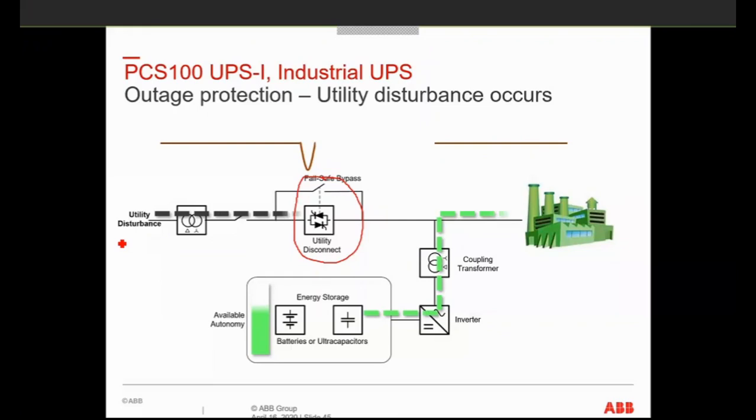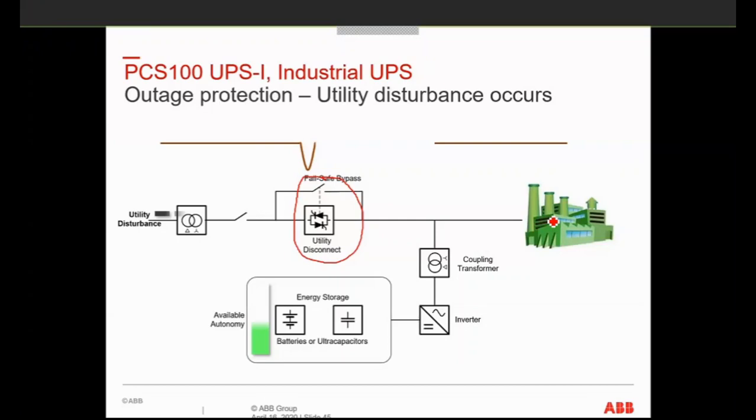Okay, so once it's over, then it will go back to normal supply. Then that's the time that the battery or the ultracapacitors will be able to charge. Okay? So when we use the battery here, the autonomy time of the battery here is 30 seconds.